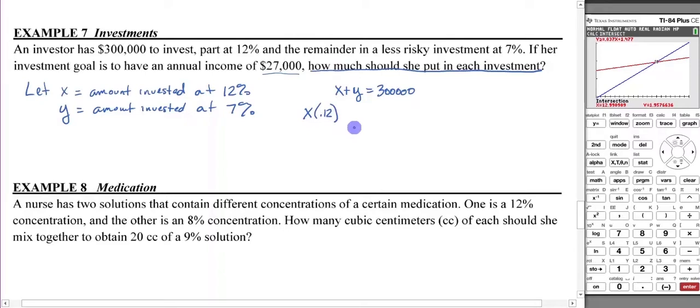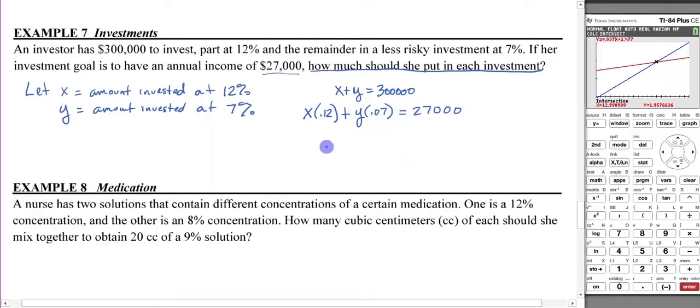So your interest is your principal times the rate. How much interest does she make off of the second account? She's going to make Y amount of dollars times 0.07 in interest. Principal times the rate is going to be your interest. You add up the interest from the first account, add up the interest from the second account, and you're going to get $27,000.